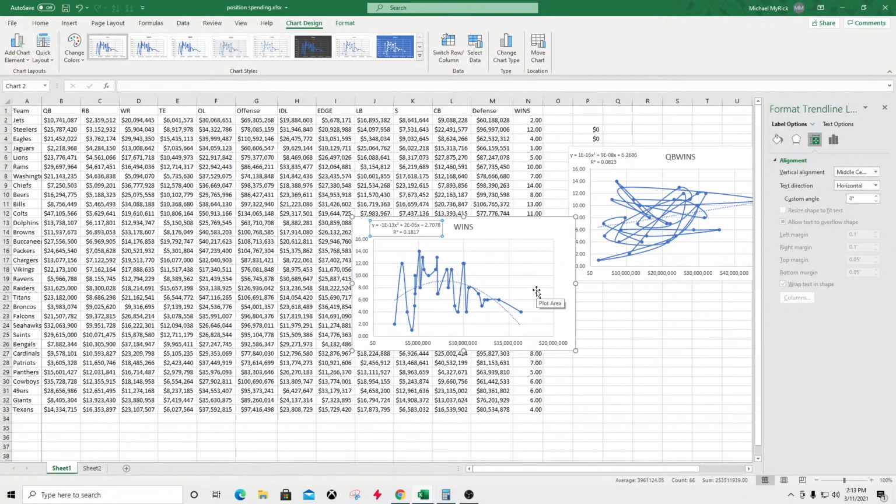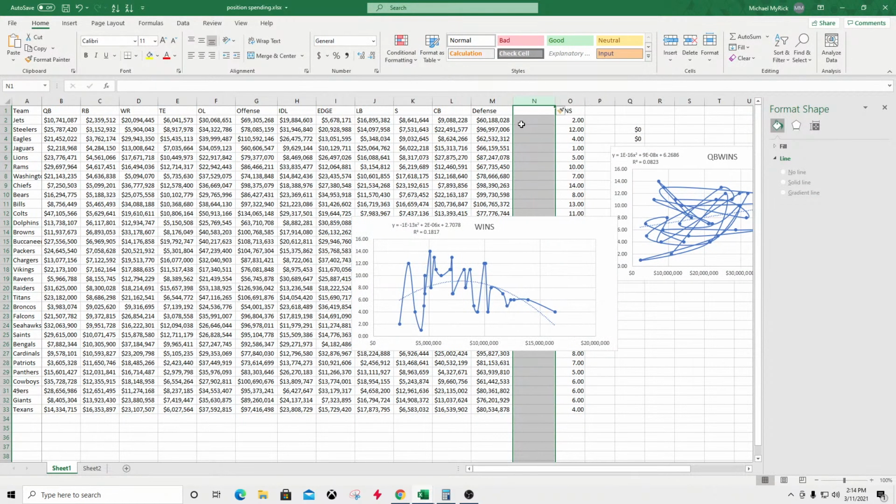Yeah. I think another thing is that the numbers are way too big. No, I don't want to do that. I was just going to take the number that we were working with and divide it by a million.